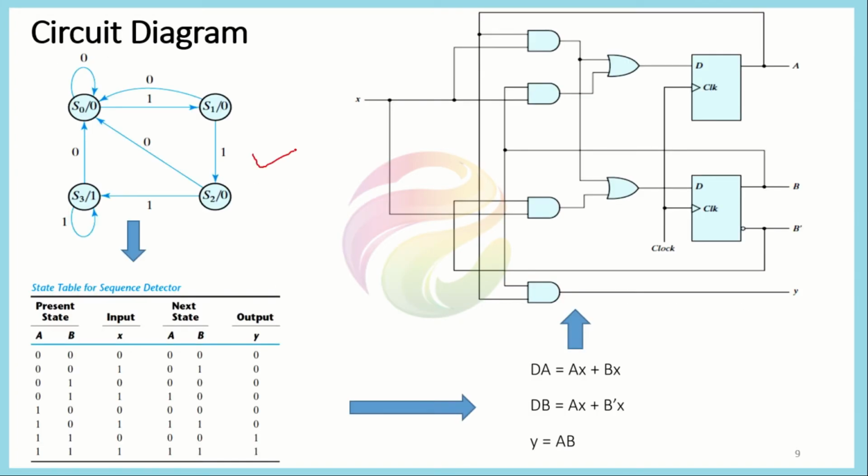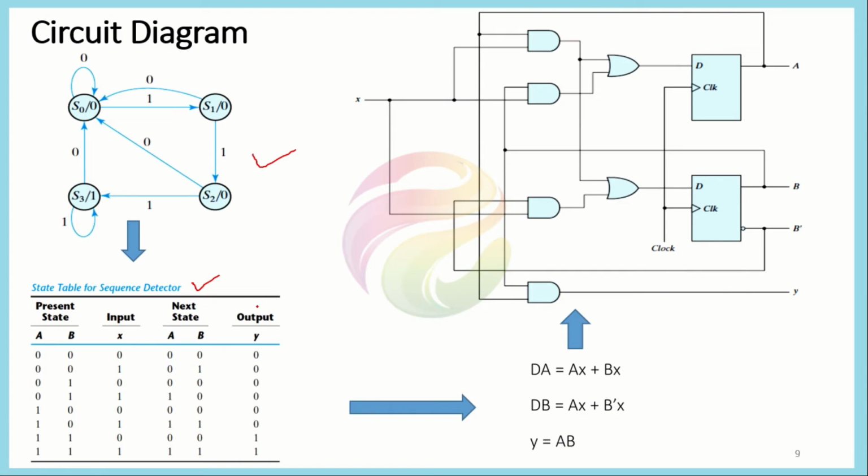This was our first step: we were given only an expression, and we needed to design a sequence detector that detects a sequence of 3 or more consecutive ones. From that statement, we first designed this state diagram. From the state diagram, we were able to derive this state table. It was very simple because if you are given this diagram, you can easily draw it just by seeing the arcs and all these things.